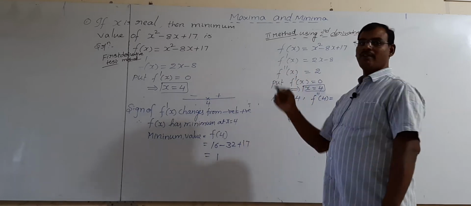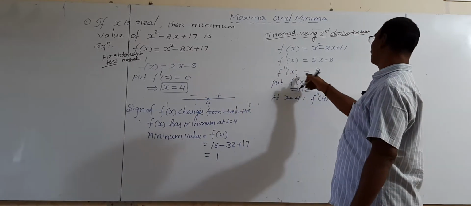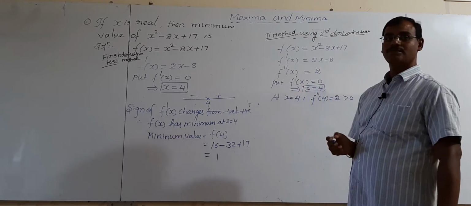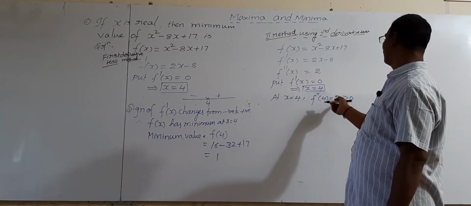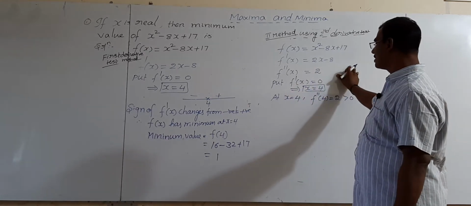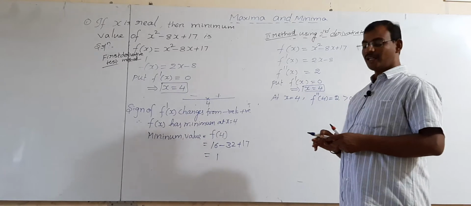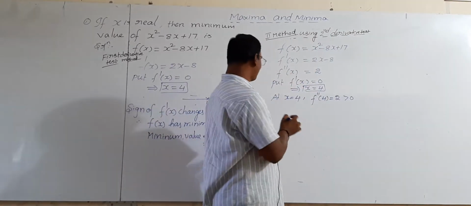So what is the second derivative? f''(4) also will be 2, which is greater than 0. Okay, the second derivative is greater than 0. If the second derivative is greater than 0, then f has a minimum at x is equal to a.